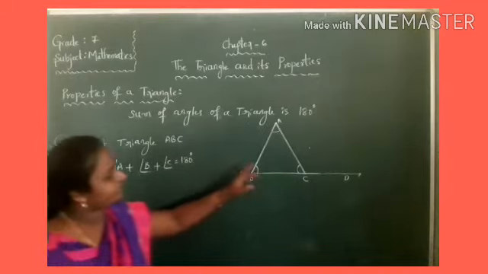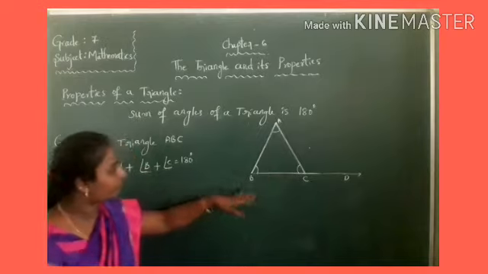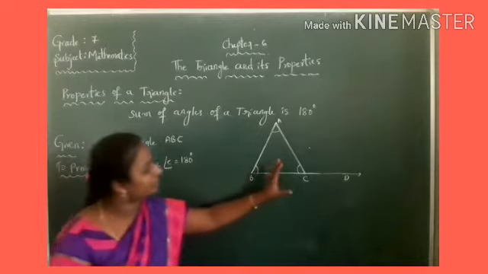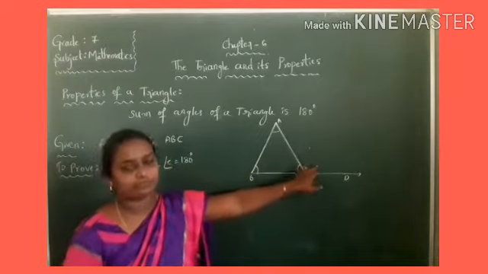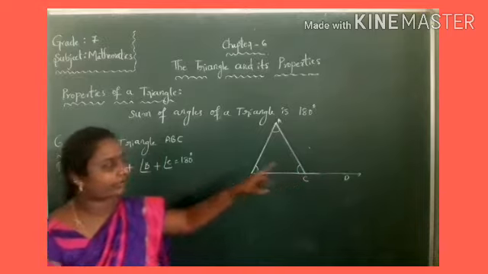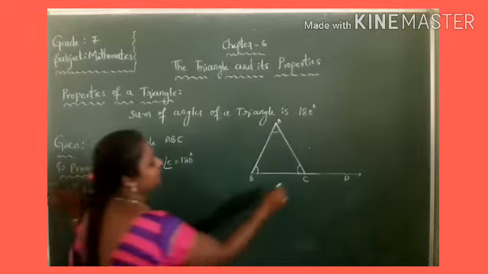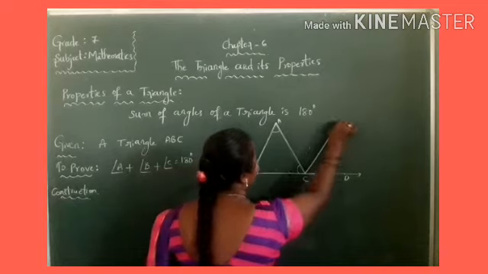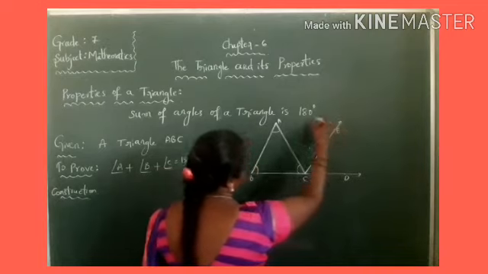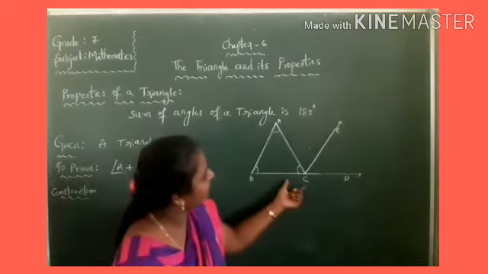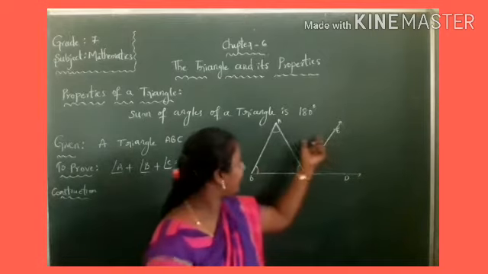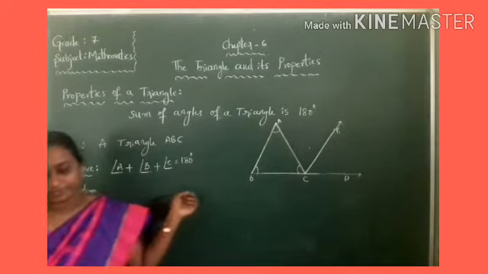Here an exterior angle is formed. Then how do we show that these three angles equal 180 degrees? That's why you have to construct a line. Through C, draw CE parallel to BA.